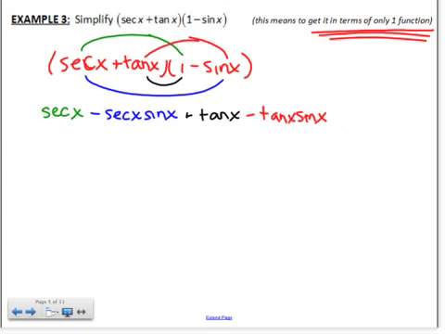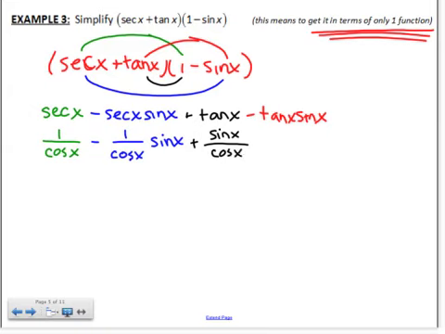So secant x is 1 over cosine of x. Minus secant x is 1 over cosine of x times sine of x. Tangent of x is sine of x over cosine of x. And this is sine of x over cosine of x times sine of x.